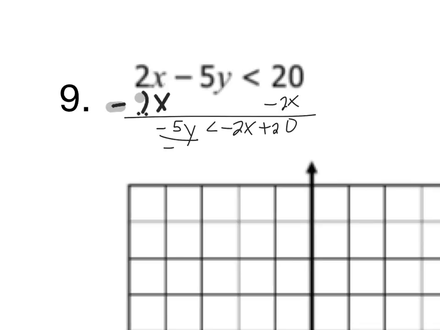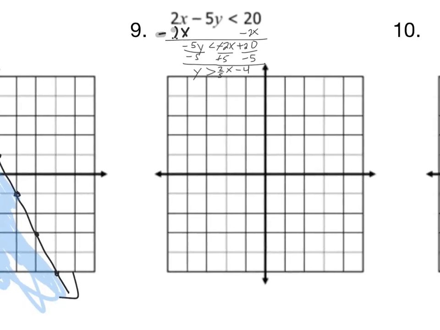What we would do next is divide both sides by a negative, but when dealing with inequalities, remember, if you divide both sides of an inequality by a negative, you have to flip the inequality symbol. These two negatives will cancel out, which would make a 2/5 x, and then 20 divided by -5 would be -4. And that's the inequality in slope-intercept form.